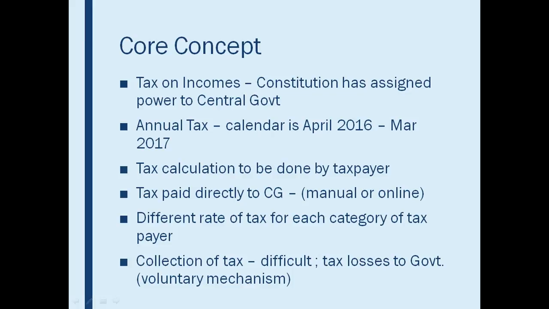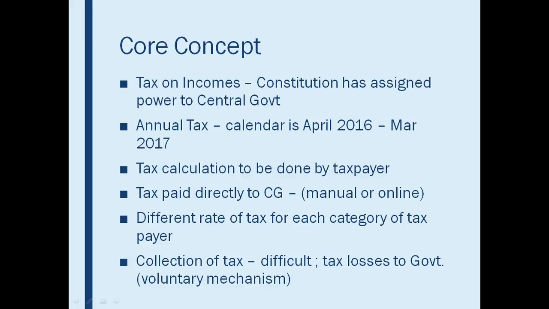So it all starts from the taxpayer on his own voluntary basis. In a country with a big population like India, some people don't upfront disclose the true income, and the government then loses the tax revenue.